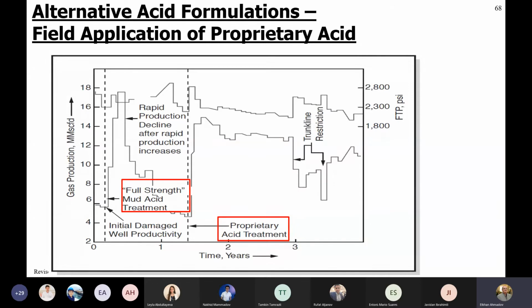So their formulation, their composition is not known, but here you can see that the gas production after the application of full-strength mud acid treatment increased, but then rapidly decreased.